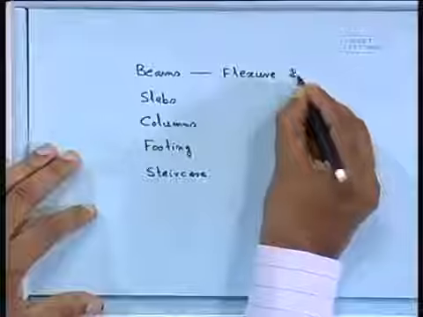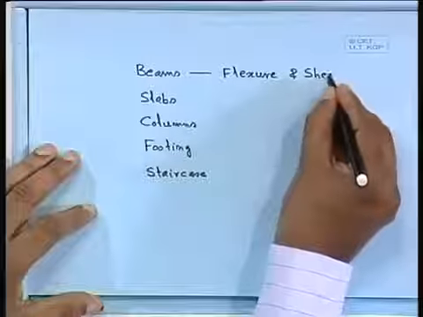We can have advanced ones, say silo, then bunker, then water tank, so many other components, but anyway finally you will come back to these components, where beams mean flexure and shear. These are the dominant ones.